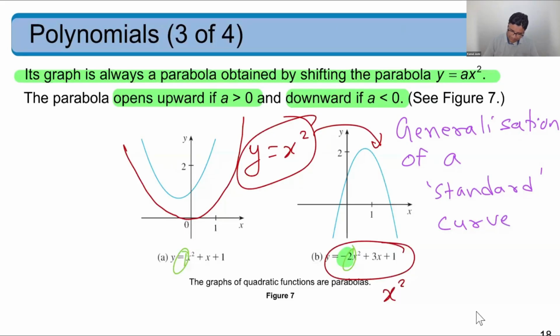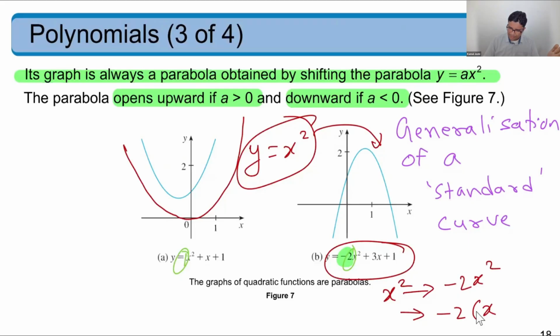The x squared gets converted to these new curves. From x squared, you make it negative 2x squared, and then you might be doing negative 2, then x. I'm just giving an example.